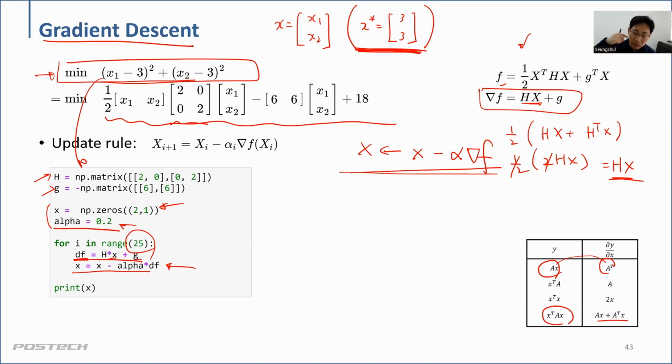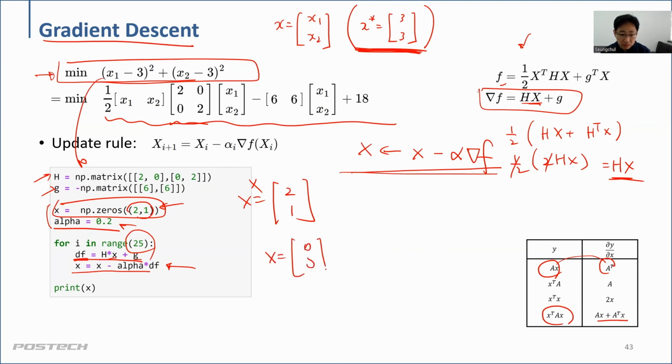How do you set the initial point? In the general case, you have to set a random initial point. But here, I put zeros, with the shape of X. So the initial point is starting from 0, 0, and from that point we do the updates.